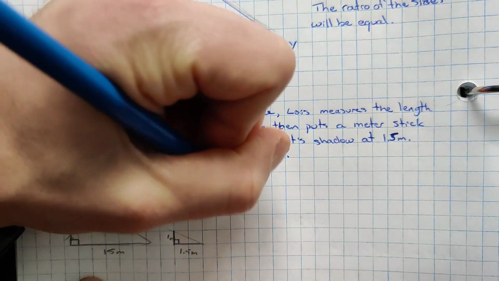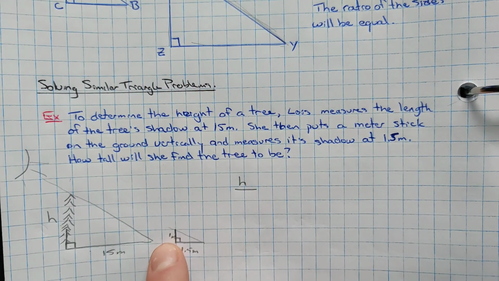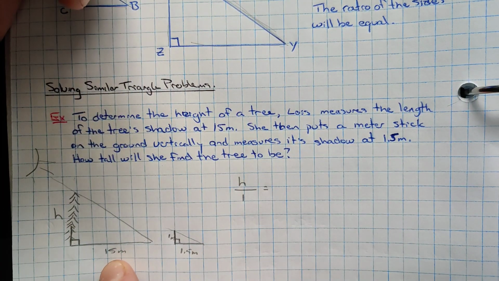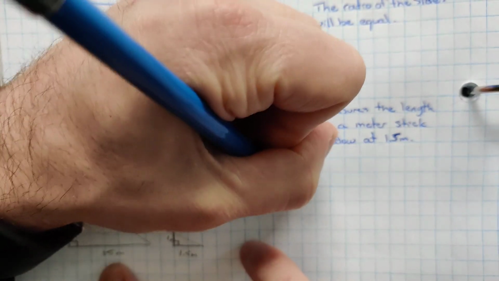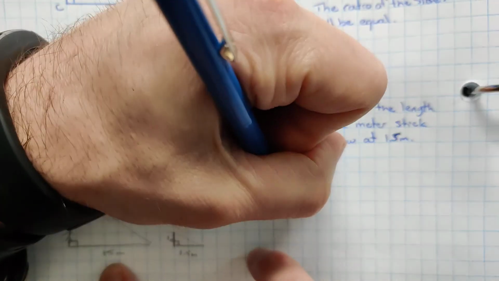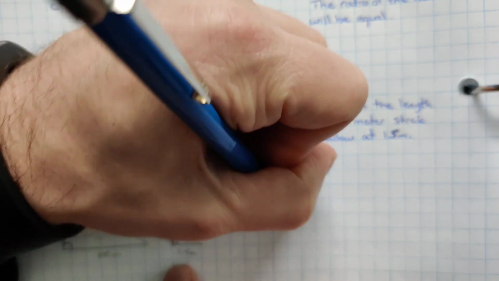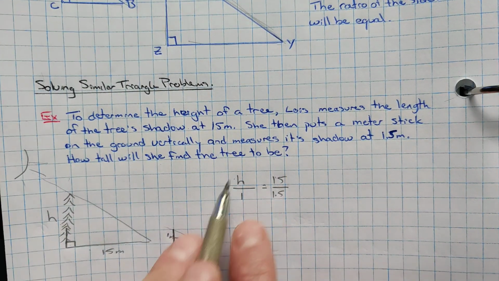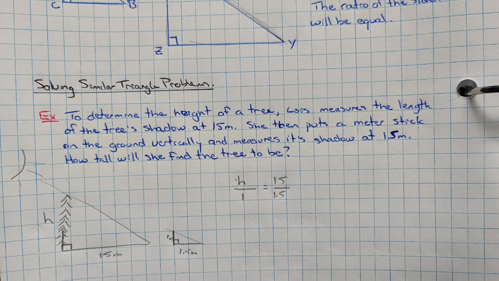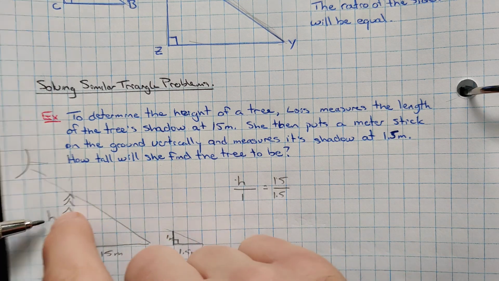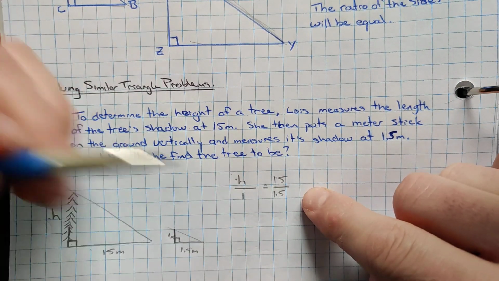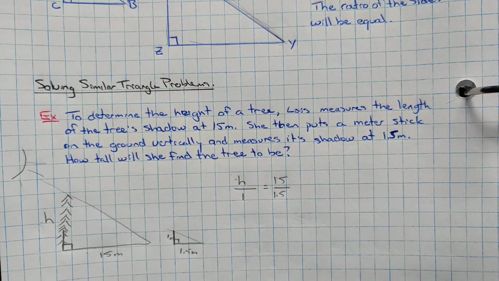So the height of the tree divided by the height of the meter stick, 1, equals the tree shadow. I started with the tree on top because I was looking for the tree, so I keep the tree on top, divided by the meter stick shadow. So tree over tree, shadow over shadow, keeping the same order. So the tree setup is on top over the meter stick setup.